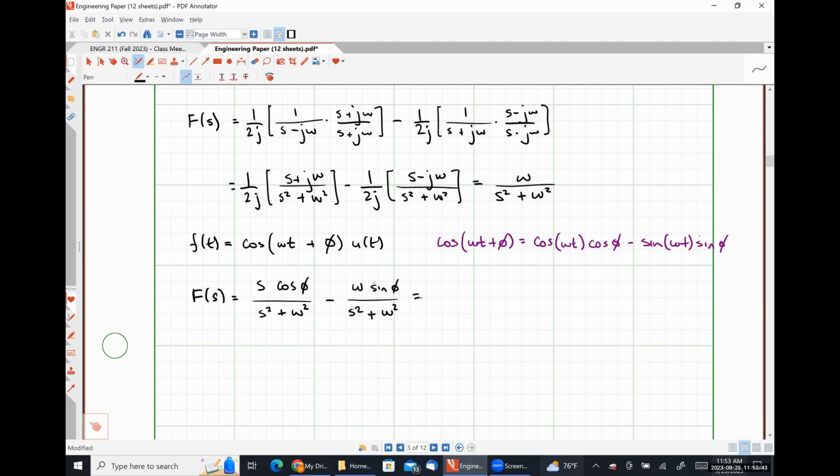And combining these results together, we wind up getting s cosine phi minus omega sine phi divided by s squared plus omega squared.